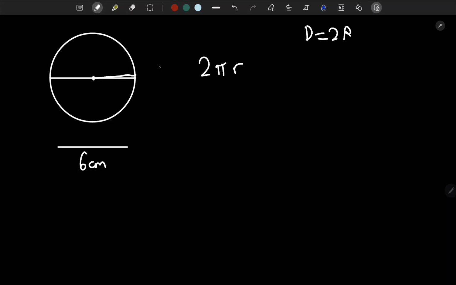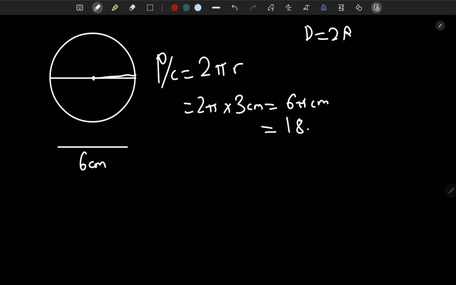So the perimeter, or c, the circumference, is equal to 2 pi r, and if we plug in the value, it is going to be 2 pi times r, which was 3 here, centimeters, and this is going to give you 6 pi centimeters. If you want the exact value, it's going to be 18.85 centimeters. And that's it.